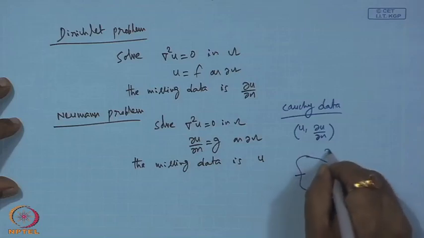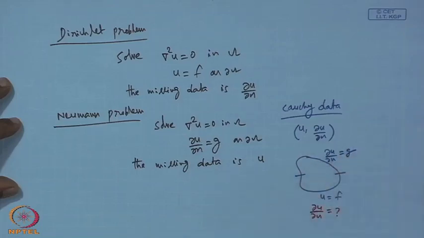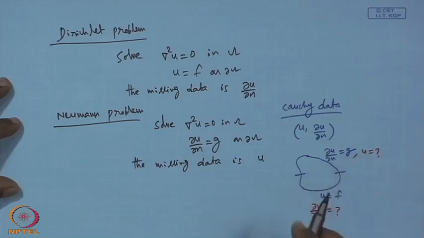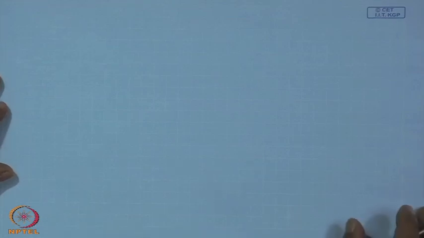So, suppose here G, then we need to determine, okay. So, this is the missing Cauchy data. Okay. So, this is the general motivation of the Laplace equation and the corresponding boundary value problems.